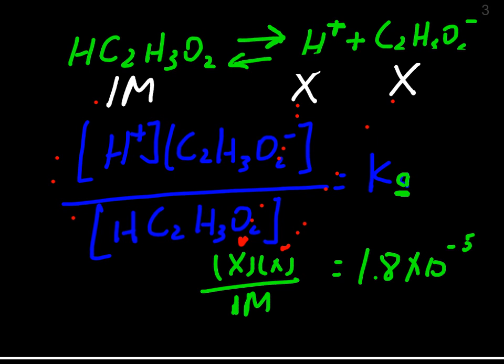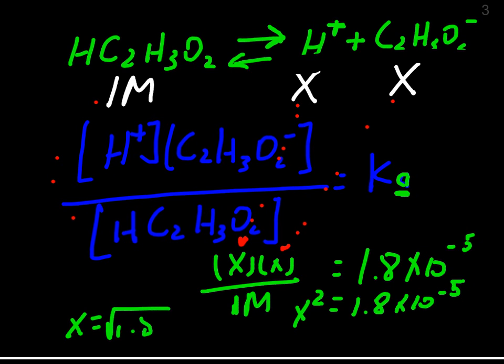X squared will equal 1.8 times 10 to the negative fifth, so X is equal to the square root of 1.8 times 10 to the negative fifth.